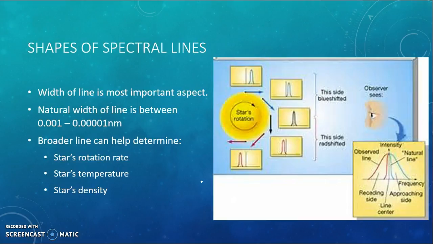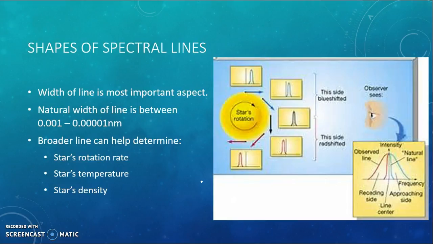Okay, because if the star is spinning rapidly, the Doppler effect will broaden those spectral lines and make them bigger. Okay, if a star's temperature is cooler, the Doppler shift will go down, and if it's hotter, the Doppler shift will go up.